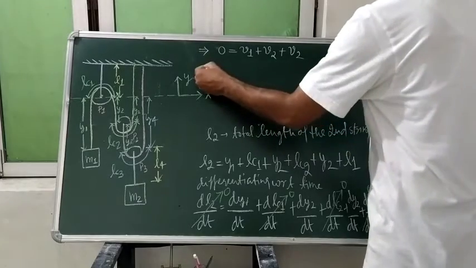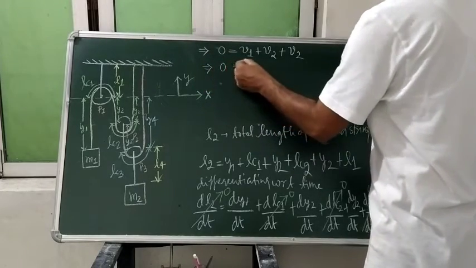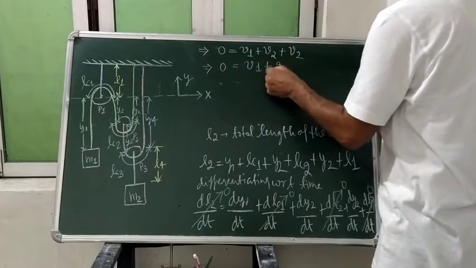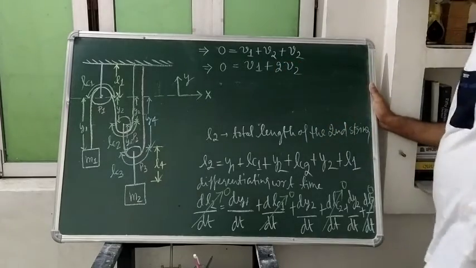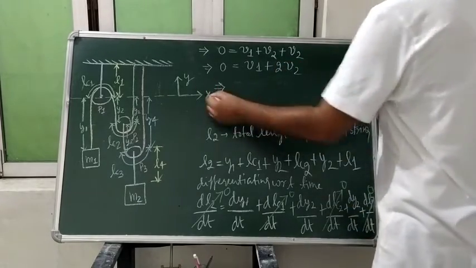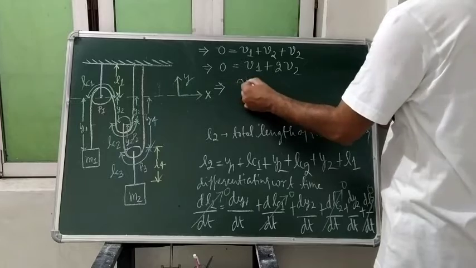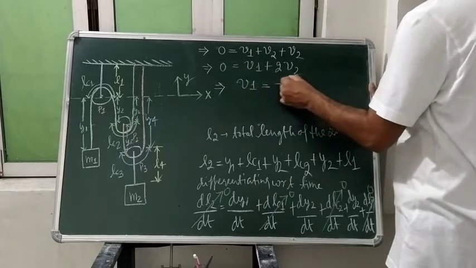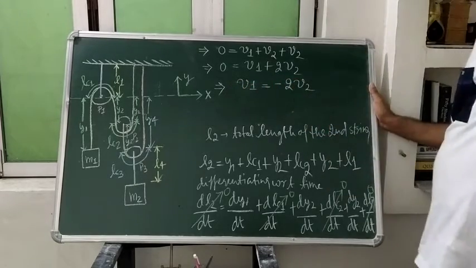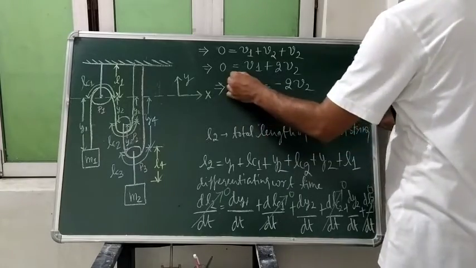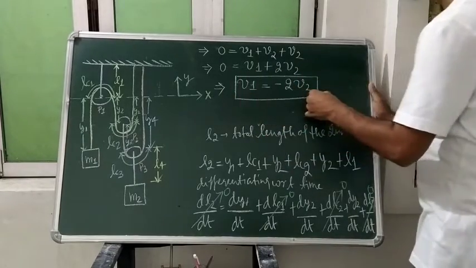So from here, 0 equals v1 plus twice v2. Or we can say that v1 will be equal to minus twice v2.